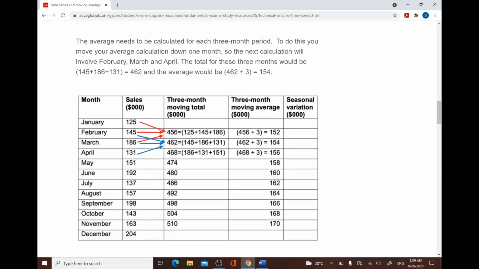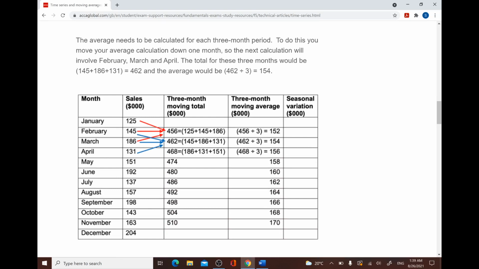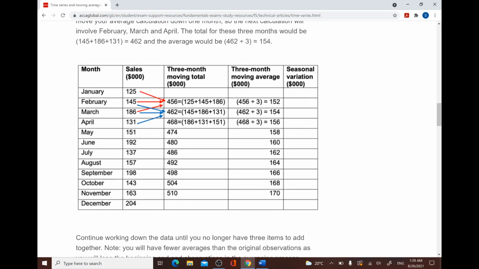Okay? So some students may be asking, Steffi, are we going to continue the rest of it right here? Yes, of course. For example, now we have January to December. Can you see that? You're going to make sure that the moving total is right at the midpoint. So it's like 1, 2, 3. Here's your midpoint, 4, 5, 6. And then February, March, and April, the midpoint's right here.